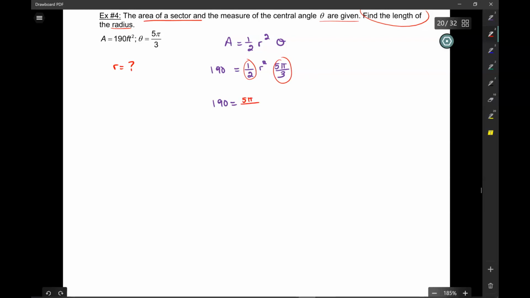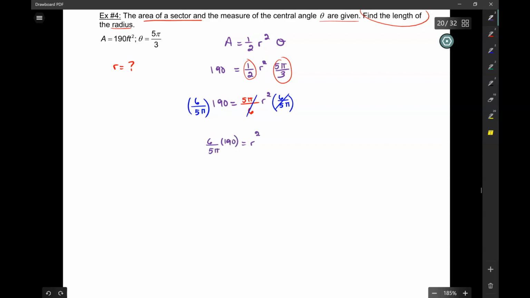Multiply the denominators, I get 6 times r squared. How do I get rid of the 5 pi over 6? Multiply by the reciprocal, 6 over 5 pi. So, r squared is equal to 6 over 5 pi times 190. Let's go ahead and put that in.